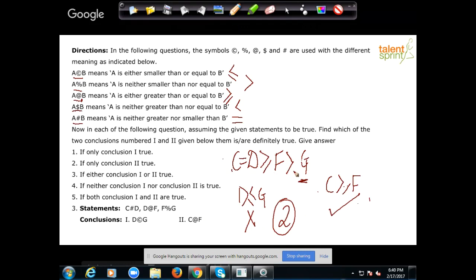If you just for a moment stop looking at D, this is exactly what you have in front of you, that C is greater than equal to F. Because C and D are equal, whether I put C here or D here is immaterial. Therefore, C or D will both always be greater than equal to F. I hope that all of you have understood this.